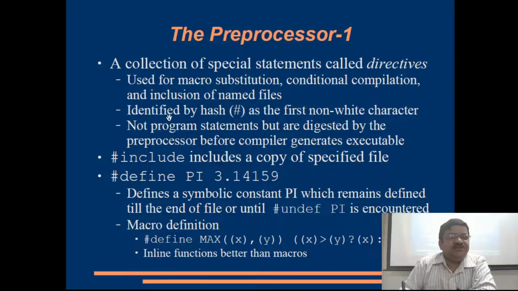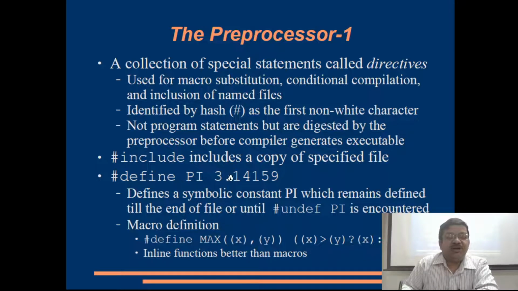These directives are identified by the hash mark as the first non-white character. These are not program statements, but are read by the C preprocessor, and action is taken accordingly. Include does exactly what it says: it includes the contents of that file at that location.